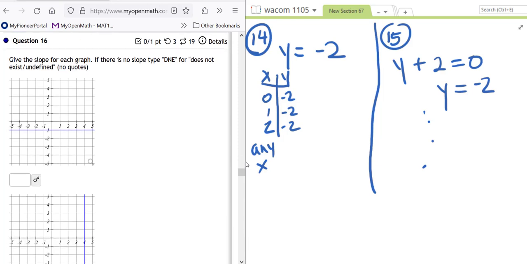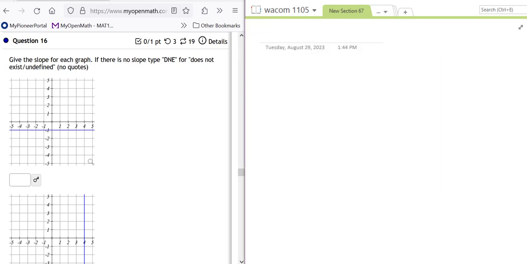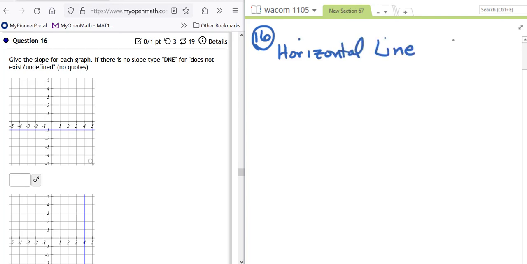All right, this one is wanting us to do slope from the picture. We did a few of these a while ago, but these are specifically the special lines. So a horizontal line has 0 slope. Right? A vertical line has undefined slope.